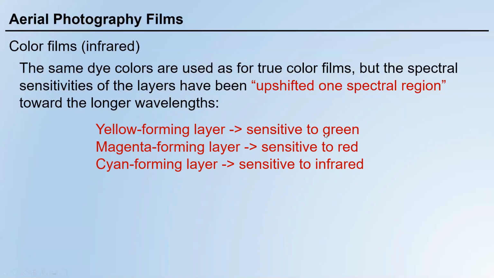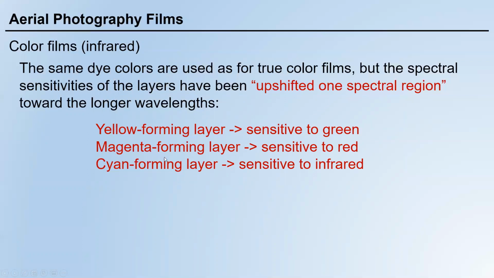So from blue to green, the sensitivity of yellow forming layer has been upshifted one spectral region. Why do we call it upshifted instead of downshifted? Because the wavelength of green is longer than the wavelength of blue, so it's upshifted.